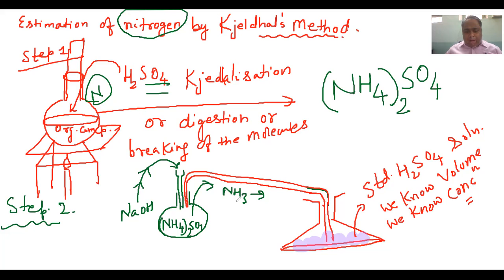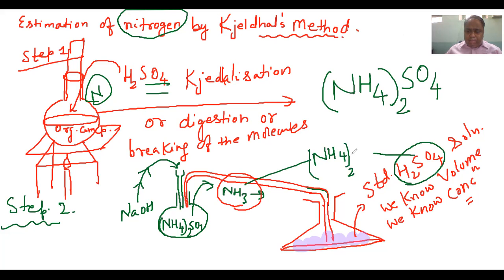Now, when ammonia and this H2SO4 combine, they undergo a neutralization reaction. They form ammonium sulfate again. But this is not the first one. This is the second step. That was of step 1, it is of no use now. This is of step 2.